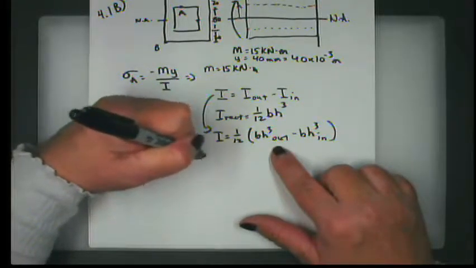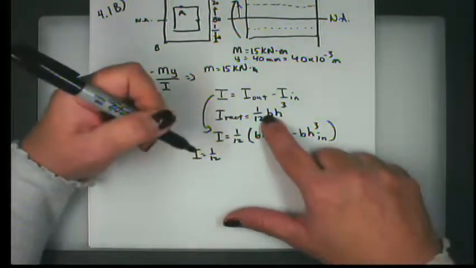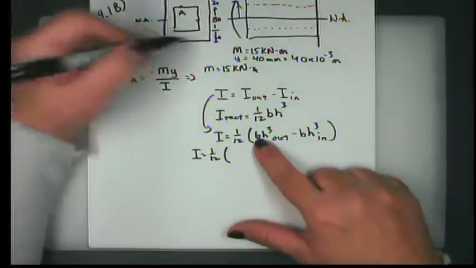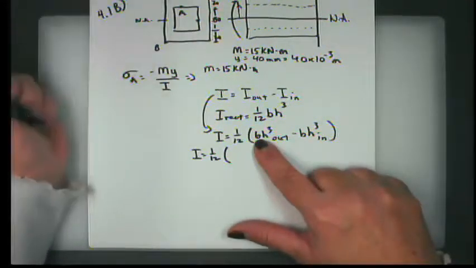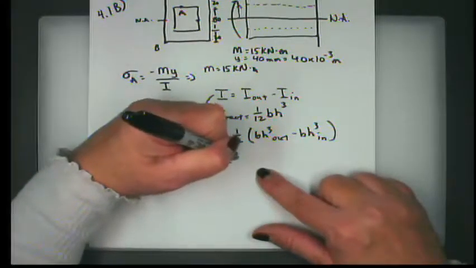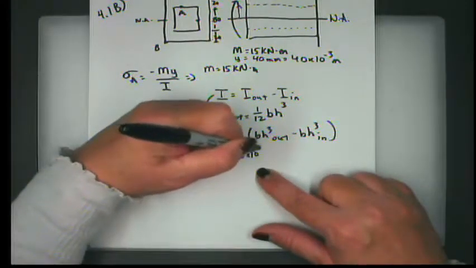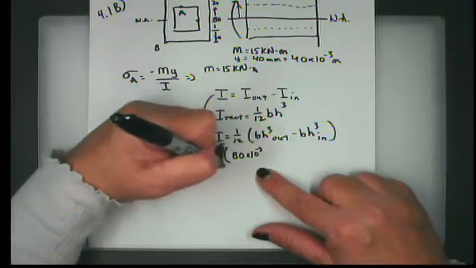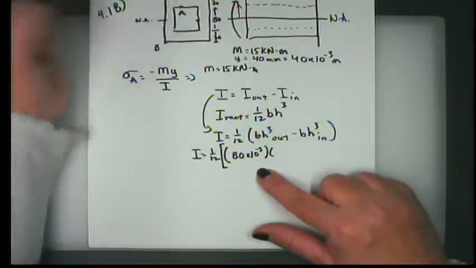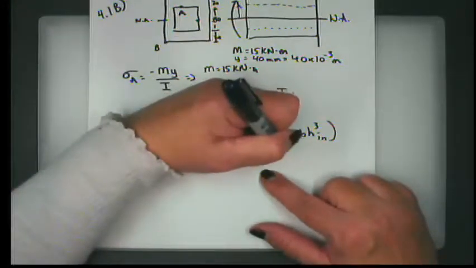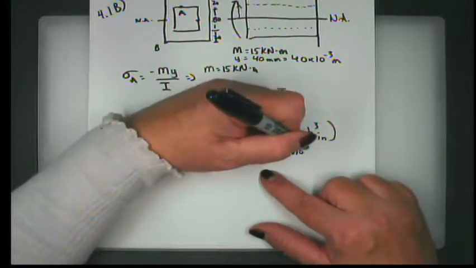All right, so my I then is equal to 1/12, I just factored the 1/12 out, times the outside, where my base is 40 plus 20 plus 20, which is 80, times 10 to the negative third, times the height of the outside, which is 80 plus 40, which is 120, times 10 to the minus third.